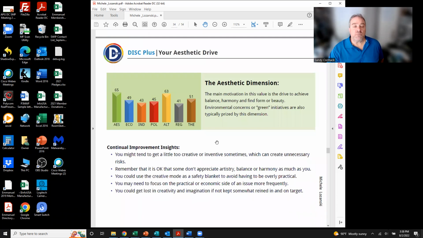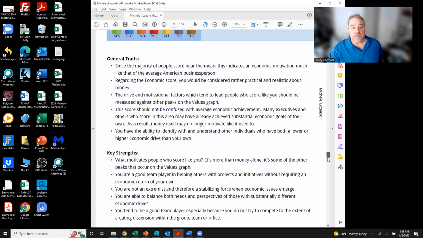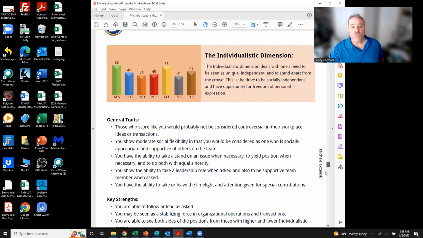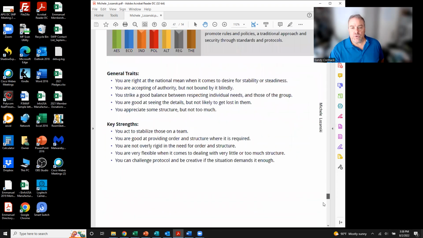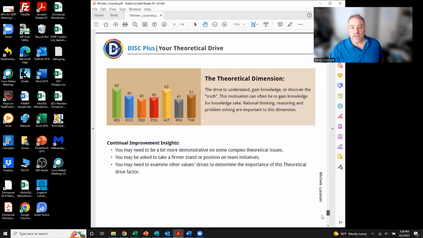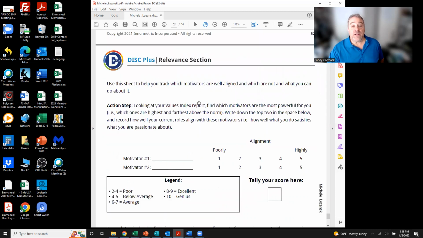And think of how they would apply to you as you decide to move forward as a supervisor. And then come down here, go through each one of the pages like that. This takes us through regulatory, theoretical, and then again, there's a relevance section.